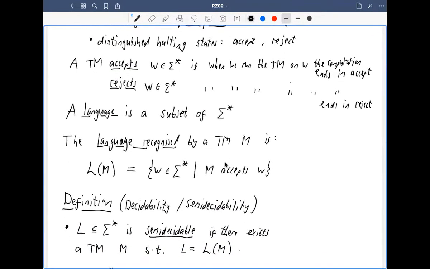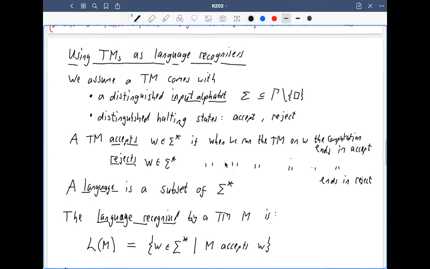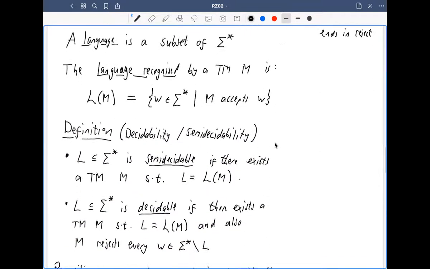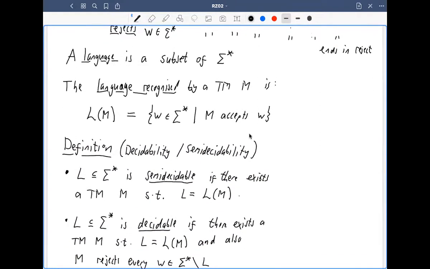And for any Turing machine that fulfills these conditions, that we have the distinguished input alphabet and we have the accept and reject state (in fact, we don't even need the reject state for this, it's just a standard thing we talk about), we can say the language recognized by the Turing machine is just those words such that if we give the machine the word W, the Turing machine accepts the word.